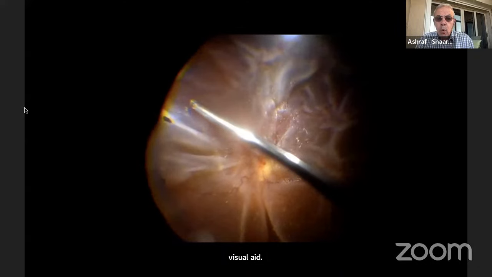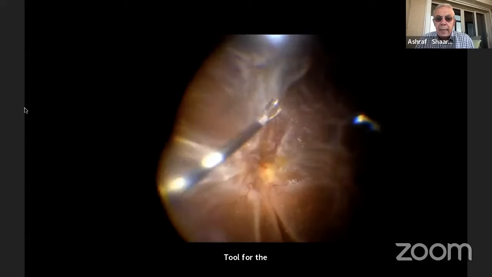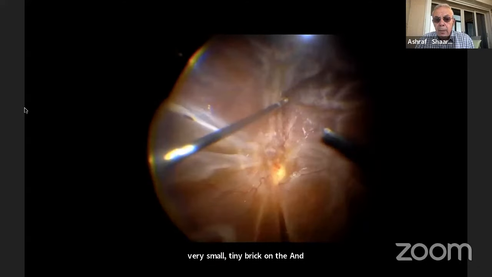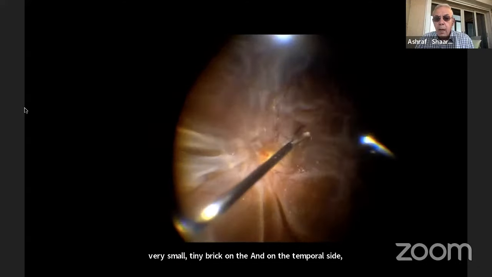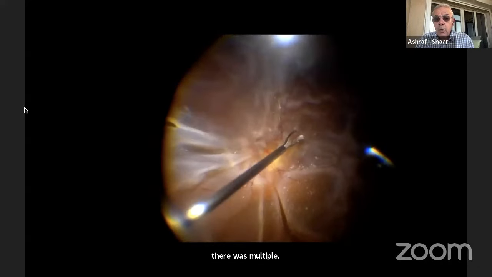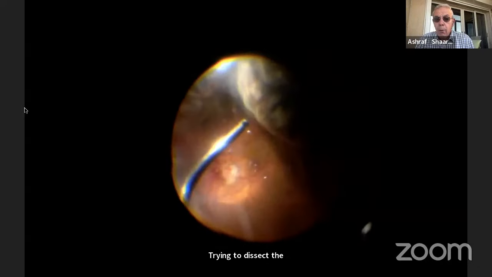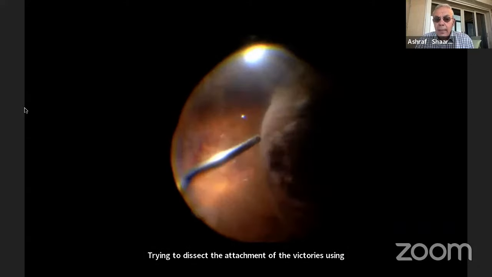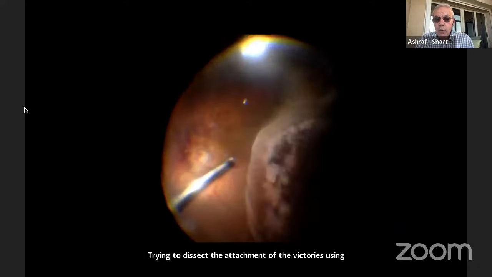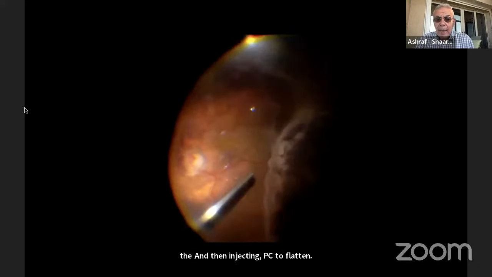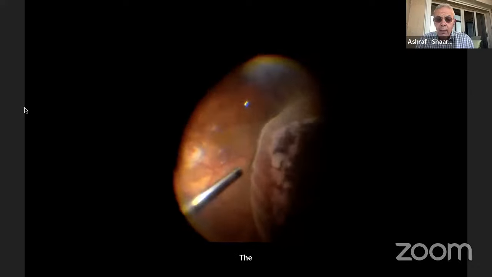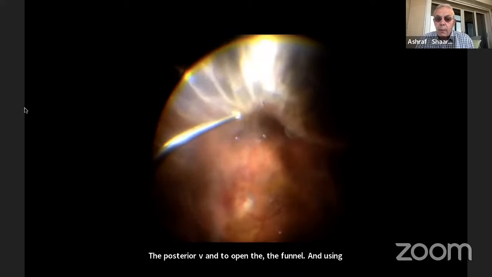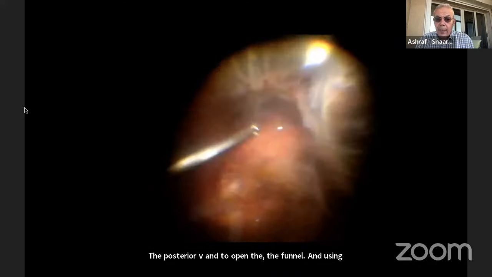As you can see, there was a very small, tiny break on the nasal side of the retina, and on the temporal side there were multiple flap tears. I tried to dissect the attachment of the vitreous using the triamcinolone and then injected PFC to flatten the posterior retina and to open the funnel, using the bimanual technique to dissect the vitreous up to the vitreous base.